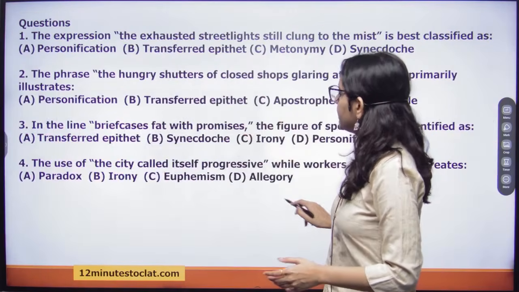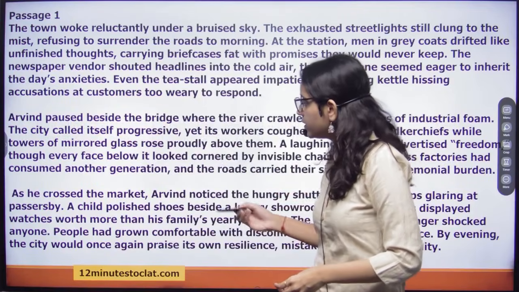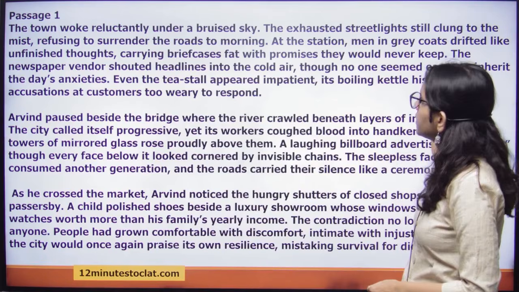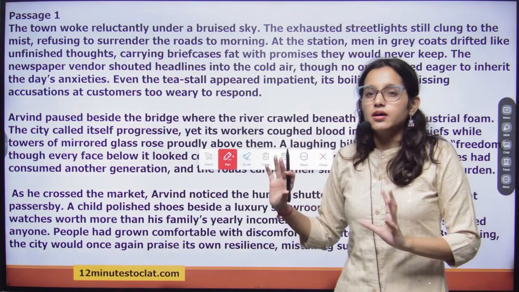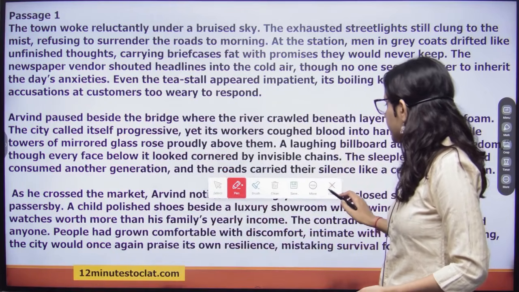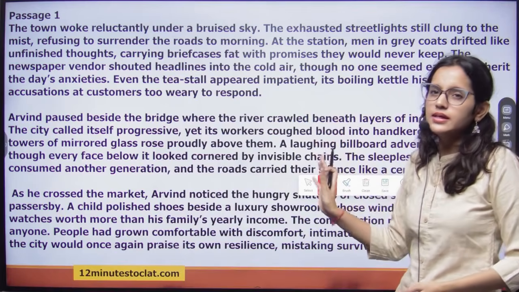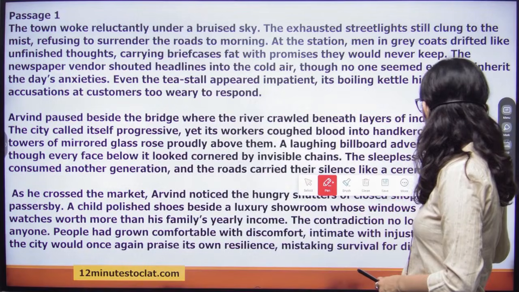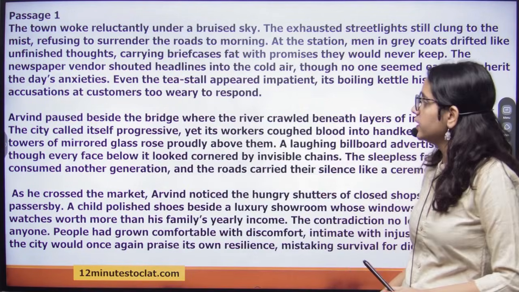So, this is a passage where the author talks about the deteriorating quality of air in the city, and he talks about pollution, and he uses certain poetic devices to explain that. Chalo, we'll move to the question. Let's look here.